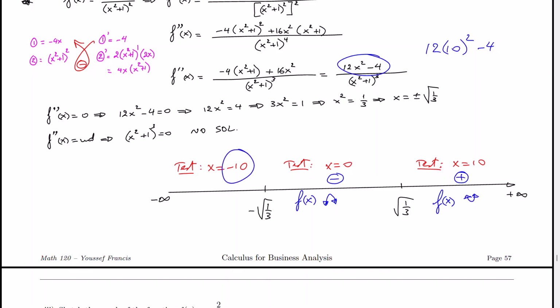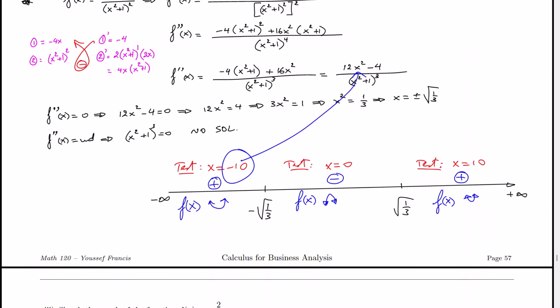And finally, -10. If I put -10 into this x, I'm going to have basically 12 times -10 squared. -10 squared will be positive 100. Multiplied by 12 is going to be ridiculously large. Take away 4, it's not going to matter. It's still going to be positive. So the function will also be concave up on this interval as well.